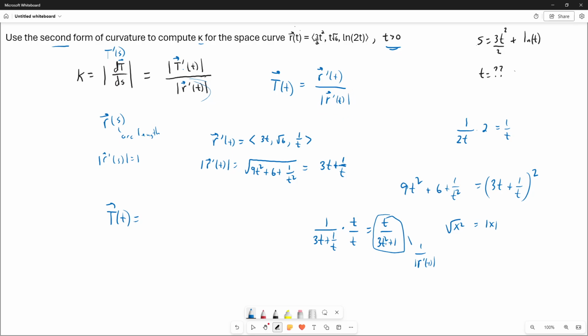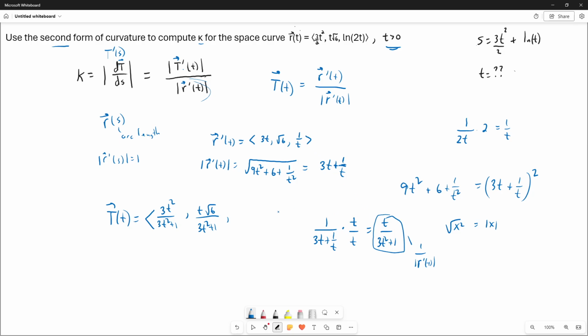So we have to distribute this fraction across r of t. So T of t is 3t times this fraction, which is 3t squared divided by our denominator, and then square root of 6t, or t root 6, over the denominator, and then 1 over t times this fraction.